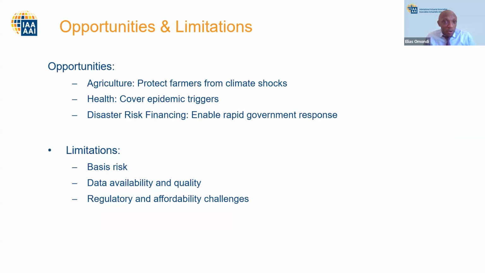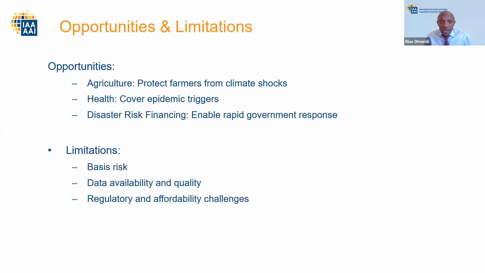So we also give further detail on different activities, the opportunities that we foresee when it comes to parametric insurance. We've seen a lot of opportunities around agriculture, protecting farmers from climate shocks.